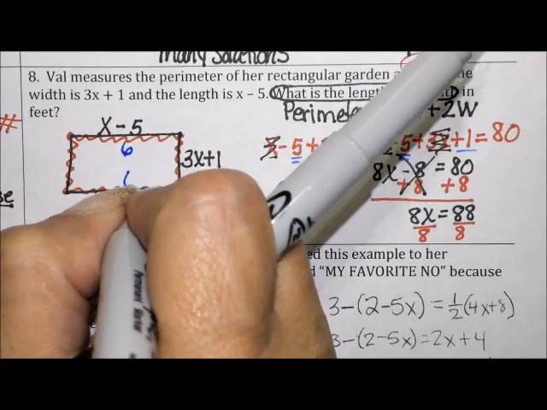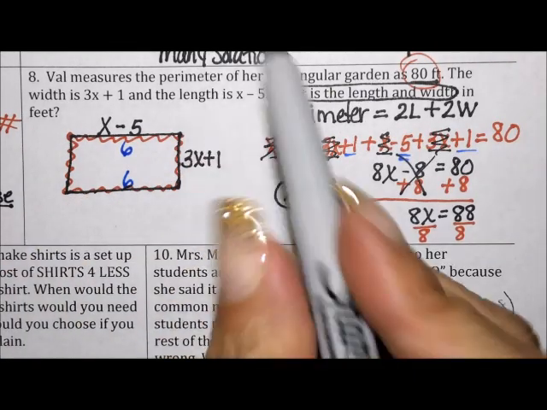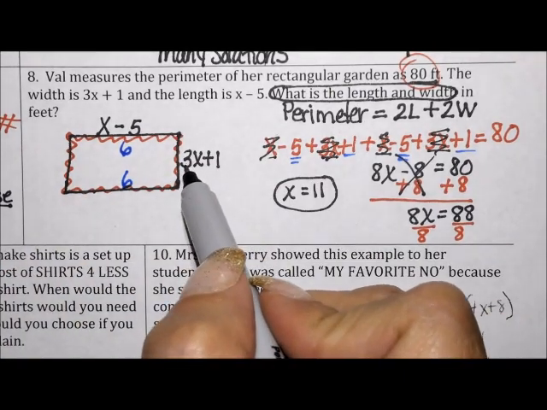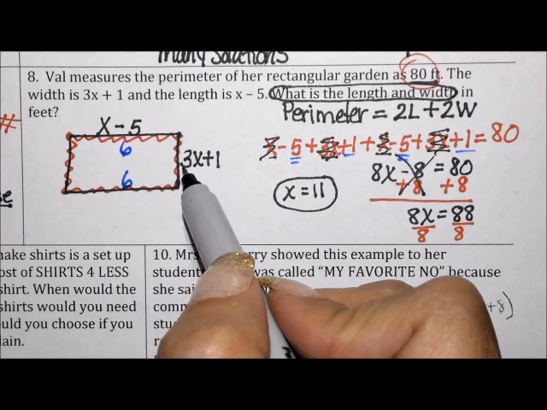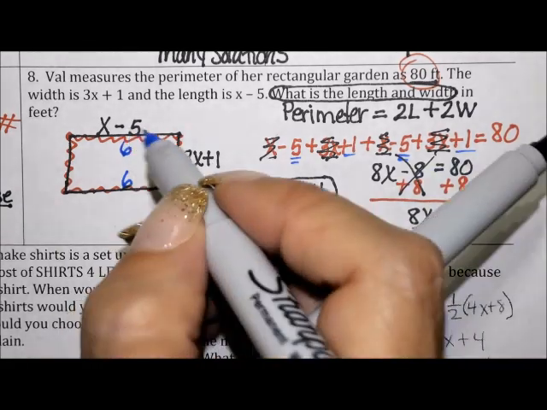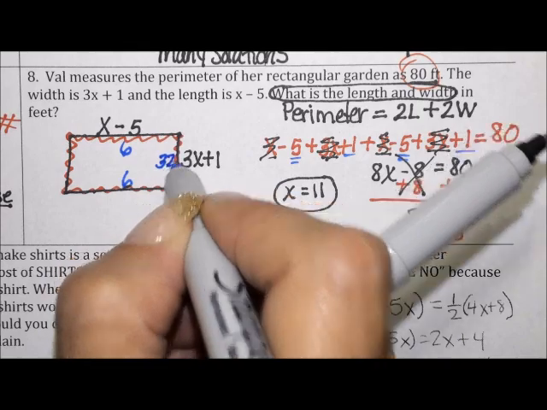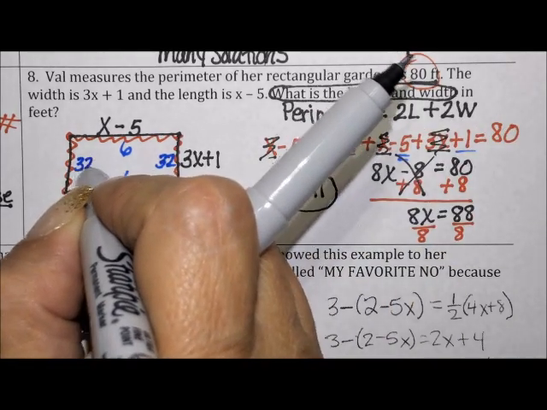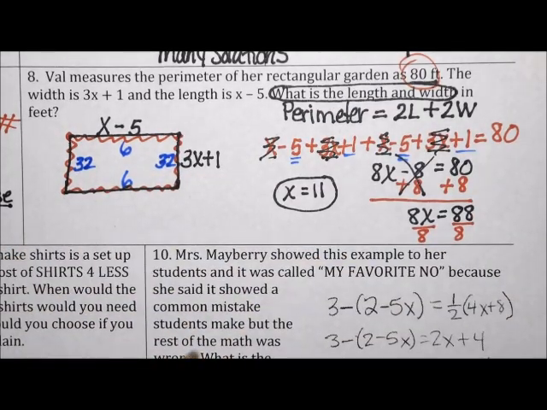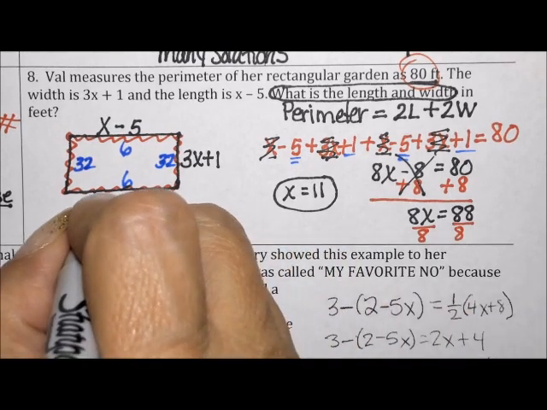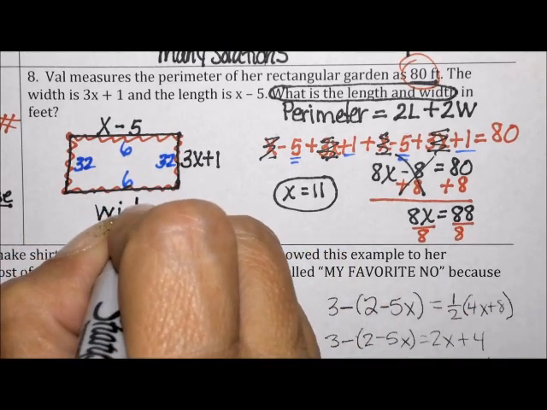So that means this side is 6. What is 11 times 3? That's 33. Plus 1 is 34. Yeah, I definitely got my figure drawn wrong. 34. So what is the length and the width? Well, we need to write it out.